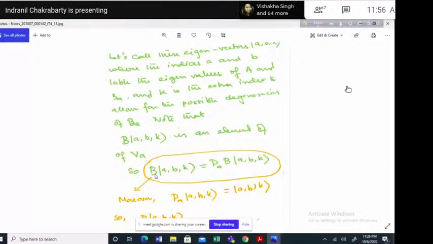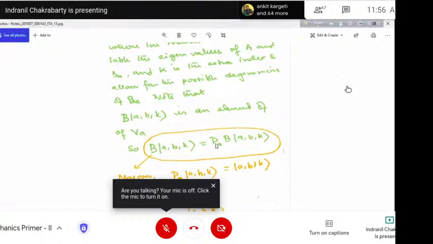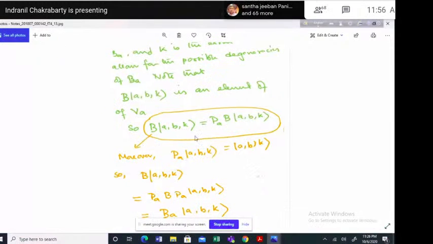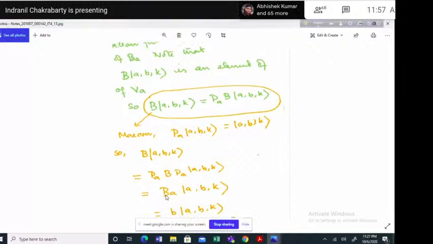But we can also write B|a,b,k> as PA B|a,b,k>, because the projection onto this element will give you the same element, since it is an element of VA itself. Again, PA|a,b,k> is nothing but |a,b,k>, so in place of |a,b,k> we can put PA|a,b,k>. Now combining these two, the left-hand side, PA B PA is nothing but BA. BA is an operator acting on |a,b,k> to give you the eigenvalue b, because this is an eigenvector corresponding to the operator BA.